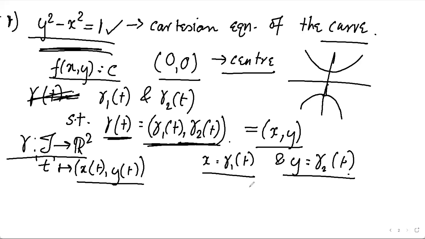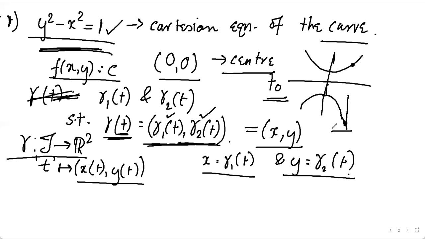Alright, so to repeat myself, the x and y coordinates will depend on the parameter t, because for a particular time, say at a particular time t naught, we have a point here, and corresponding to this we have a point here.